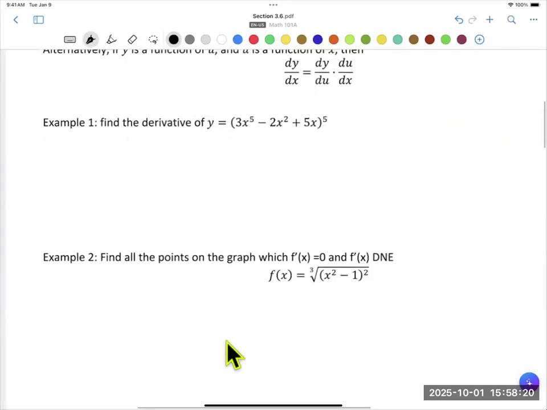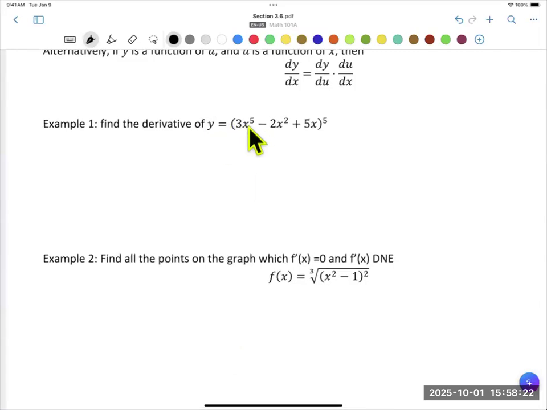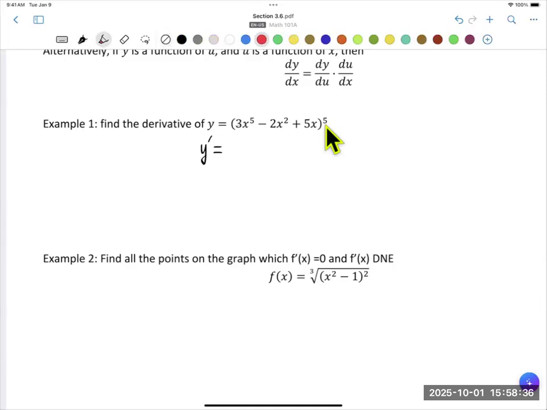For example 1, I have y equals (3x to the power 5 minus 2x squared plus 5x) to the power 5, and I want to take the derivative of this. I do y prime. What is my inside function? The inside is 3x to the power 5 minus 2x squared plus 5x, so I'm going to label that as u.